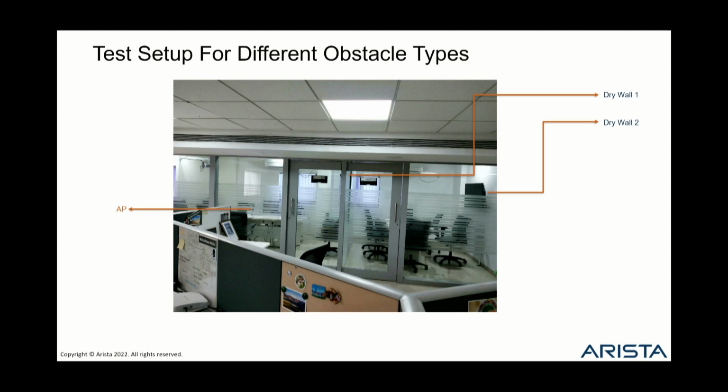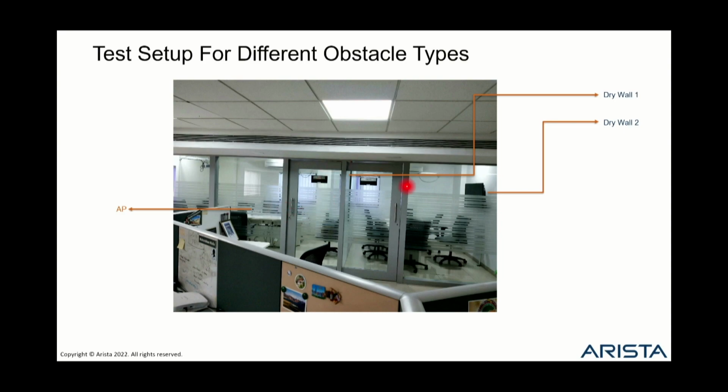Next, we looked at different obstacle types. Again, a very simple test in our office. This, by the way, is our office. So we have 2 drywalls. You can see the wall between 2 rooms here, that's drywall 1. The wall between these 2 rooms is drywall 2. And the AP was placed on a table in this room, and then we did measurements here.